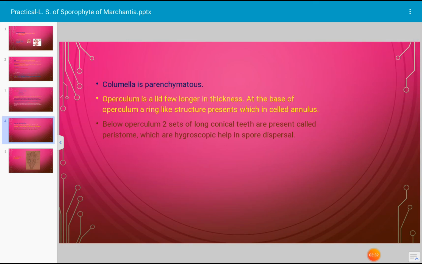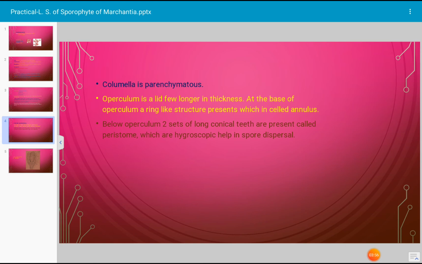The operculum is a cap-like structure, or a lid, a few layers in thickness, and at the base of the operculum, a ring-like structure is present which is called the annulus. Below the operculum, two sets of long conical teeth are present which are called the peristome.